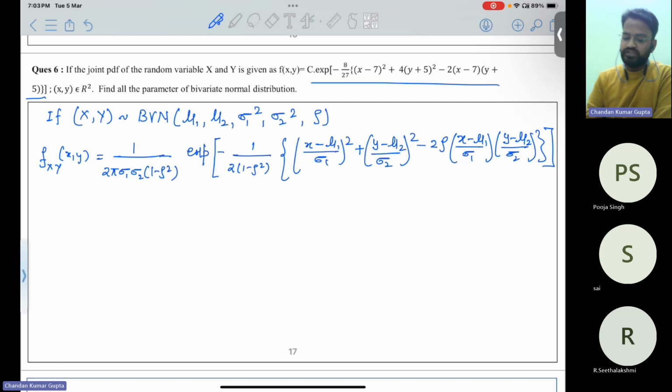So we need to compare this with the standard form.